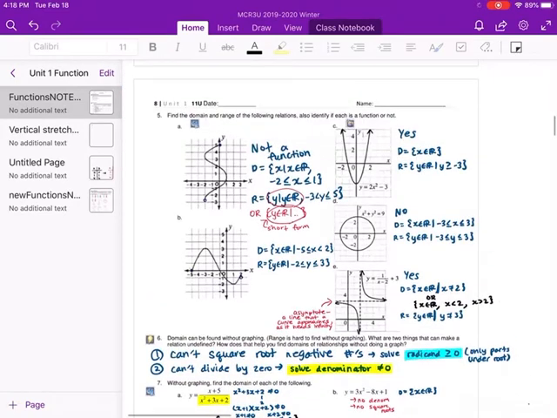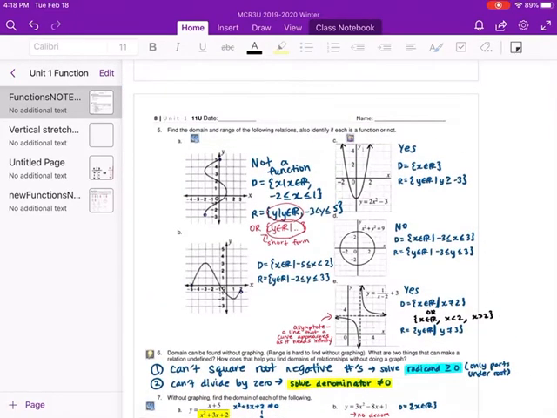So the domain can be found without graphing. What you're thinking is algebraically; the situations above were all when you have the graph. And so you want to think of the situations where algebraically you get an error on your calculator. There are two scenarios, and one is you can't take the square root of a negative.